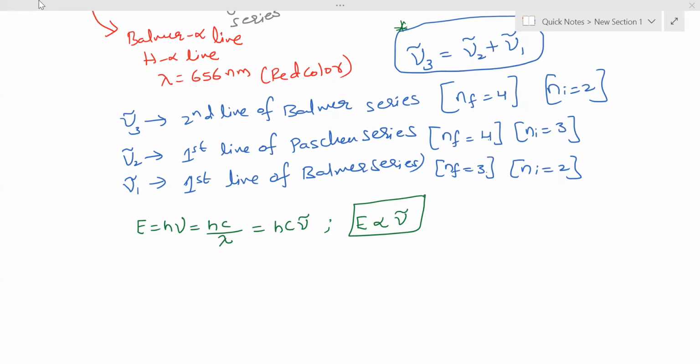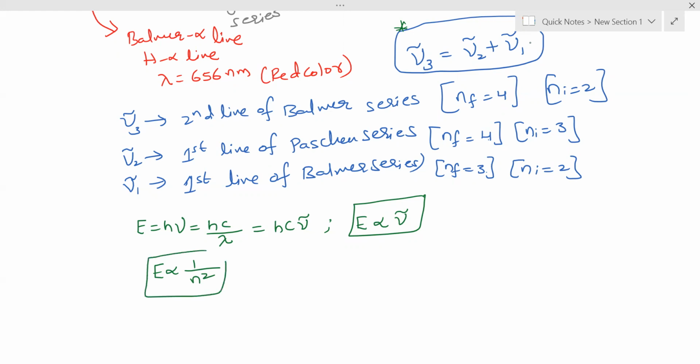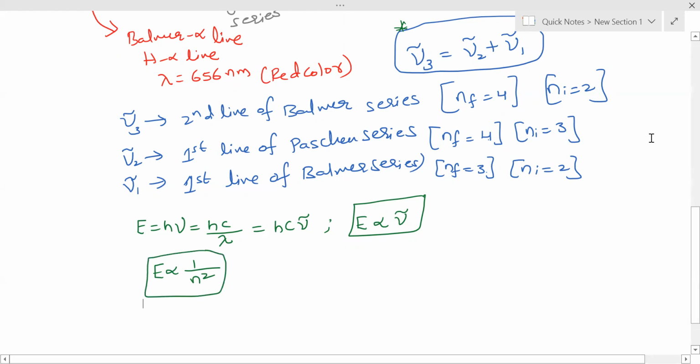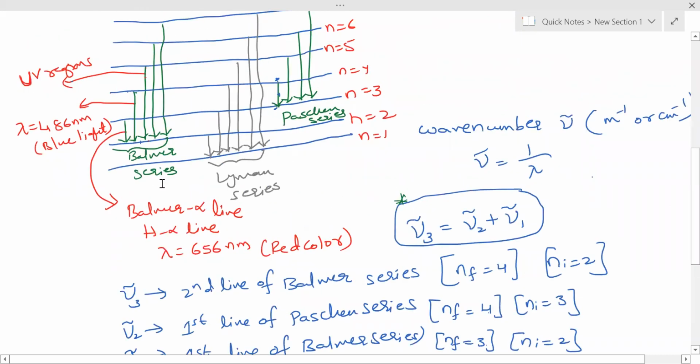And from the Rydberg formula, we can identify that energy is inversely proportional to n square, where n is the principal quantum number. When we look at these transitions, we get photons of red or blue color, and so on. In the case of the Lyman series, we get photons that fall in the UV region.